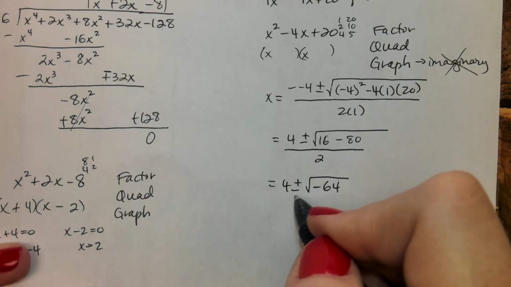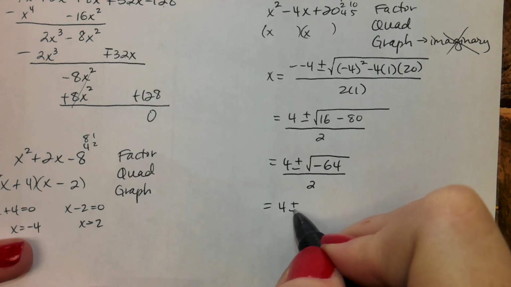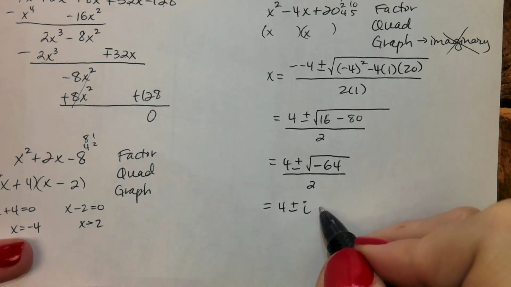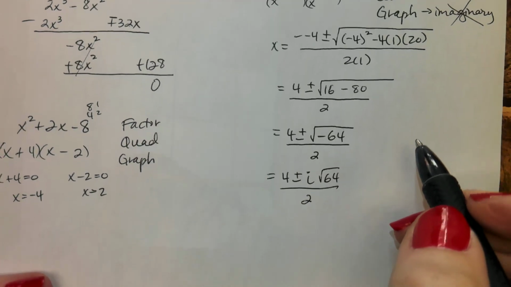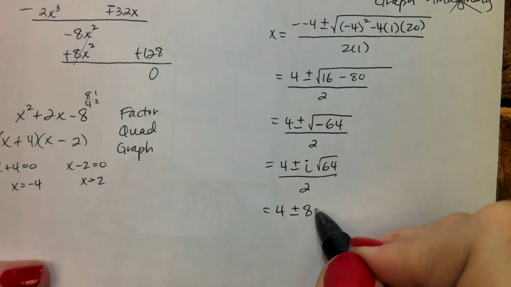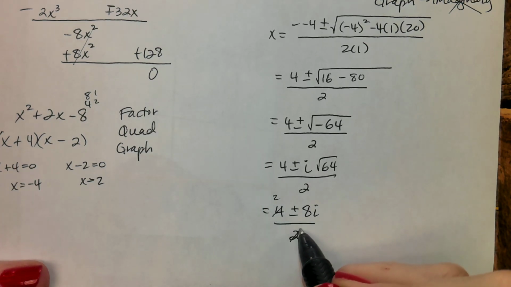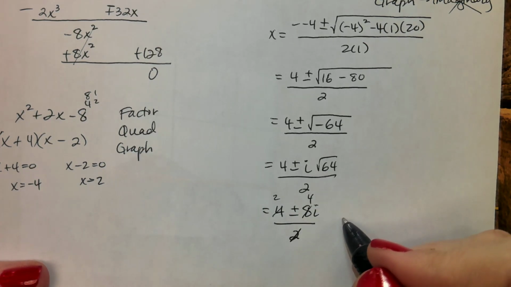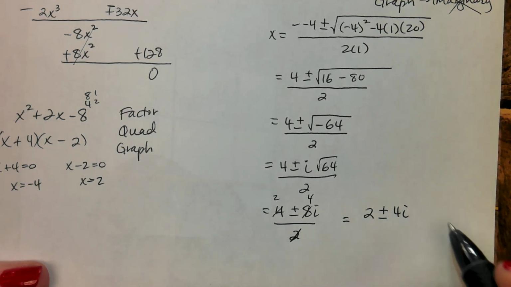It's going to be negative 64 all over 2. But we know how to deal with a negative. I'm going to peel that negative off and leave the square root, and now I know the square root of 64. So 4 plus or minus 8i, all over 2. Make sure that all over 2 stays, because we're going to divide each of these by 2. Dividing this by 2 leaves me a 2, and dividing this by 2 leaves me a 4. So my final answer is 2 plus or minus 4i.